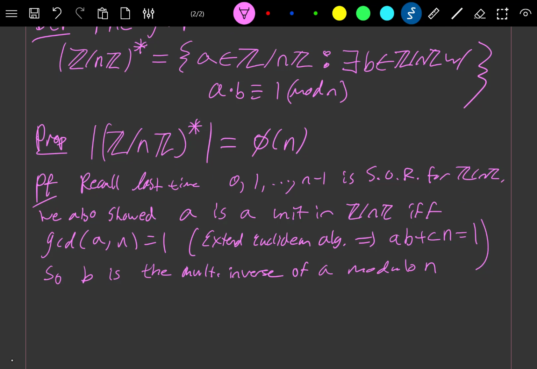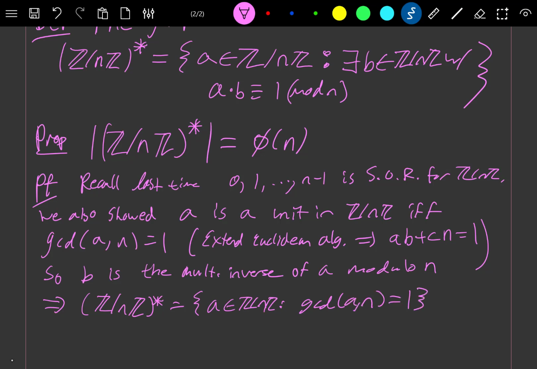So this tells us that the set of units, Z mod nZ star, is equal to the set of A in Z mod nZ such that the GCD of A and n is equal to 1.